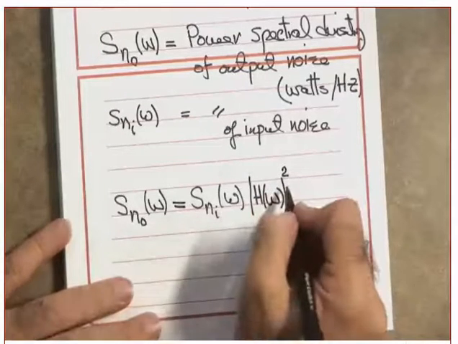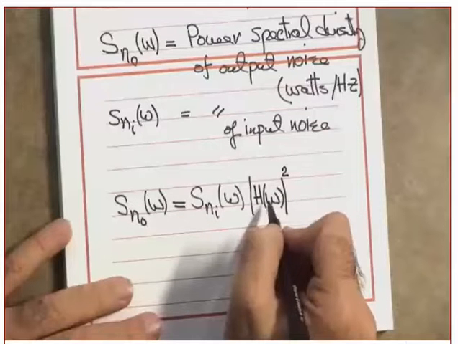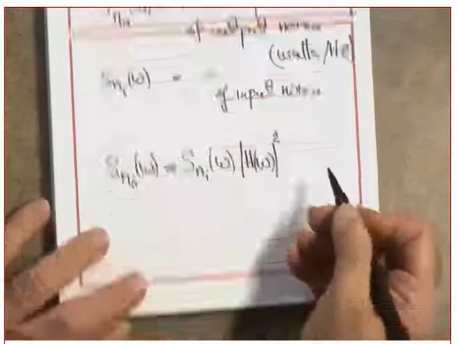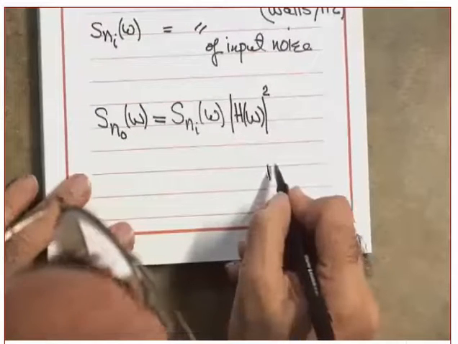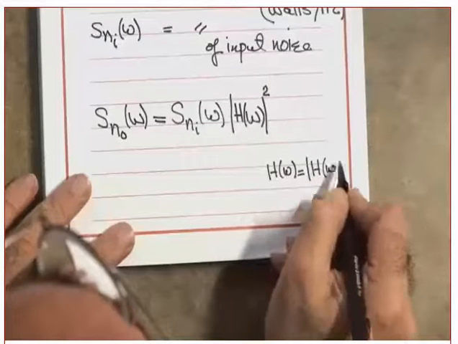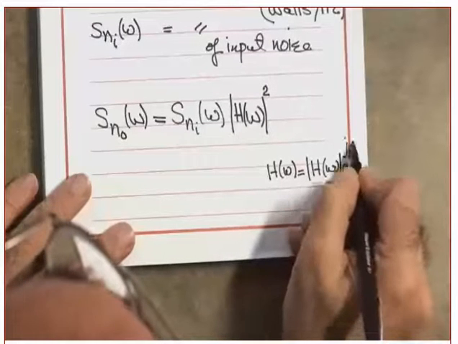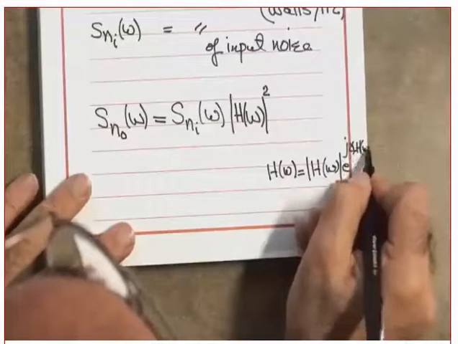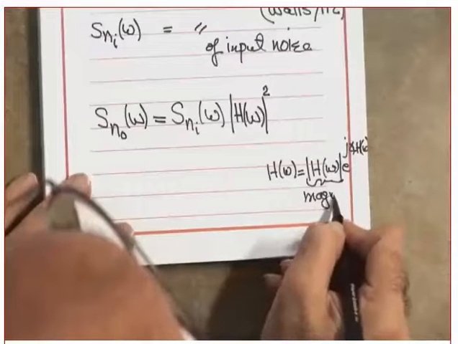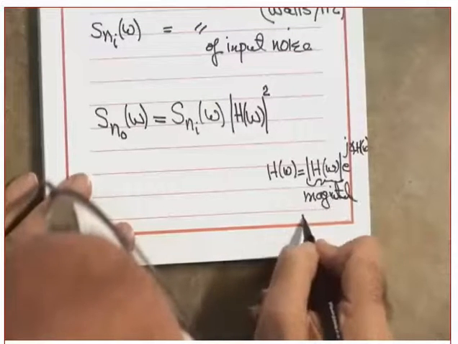If you do not put the absolute value, H of omega is in general a complex function of omega. I will show you that in just a second. Now keep in mind, H of omega is equal to the absolute value of H of omega times e to the j phase of H of omega. This we call the magnitude response.